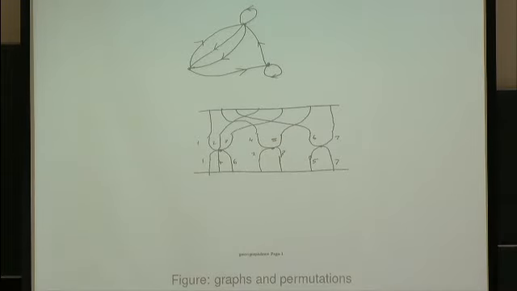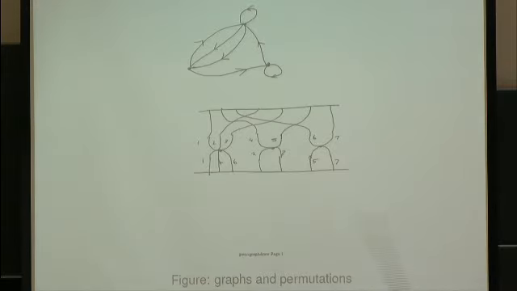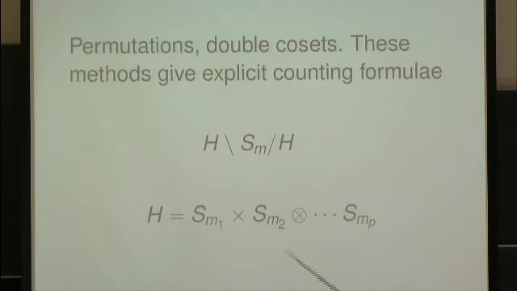So if you think through all the details of that, which we won't do in detail here, to take into account the redundancy, what you have to do is take Sm, which is a permutation of all these strings, and then you mod out by, you look at equivalence classes, so permutations which are related.